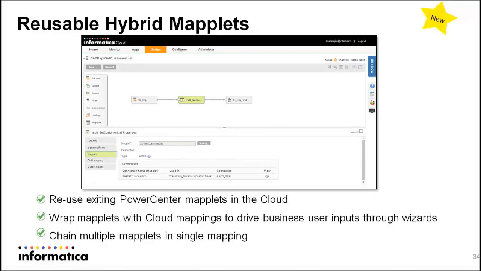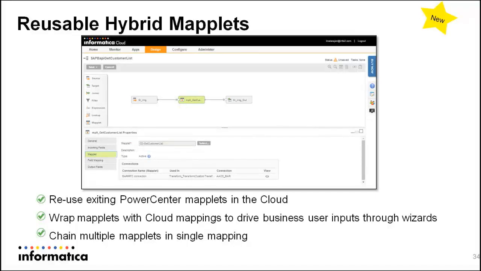The next thing we'd like to showcase here is the hybrid maplets. For those of you that are on-premise customers as well, PowerCenter has this ability to pre-configure a set of transformations into a reusable component called a maplet that can be used in different integration mappings. What we've now enabled through the Vibe platform is you could take a pre-built maplet from PowerCenter and leverage it in a cloud-based mapping.